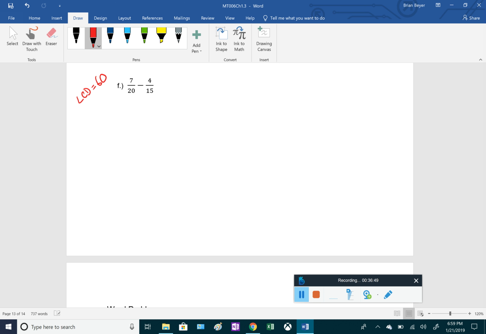It was the smallest multiple that they had in common. Okay, so we need to rewrite both of these fractions so that they have 60 as the denominator. We have to multiply numerator and denominator by something. In order to get from 20 to 60 by multiplying, we have to multiply by 3, so multiply by 3 over 3. And then for 15, we would have to multiply by 4 to get to 60. So we have to multiply by 4 over 4.